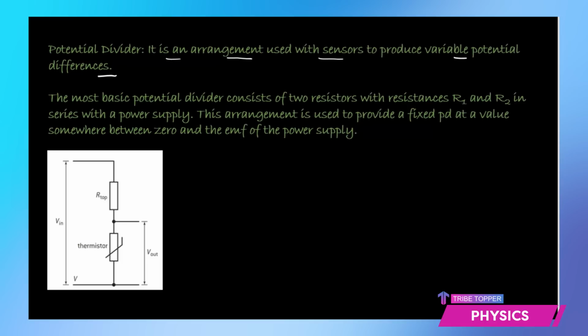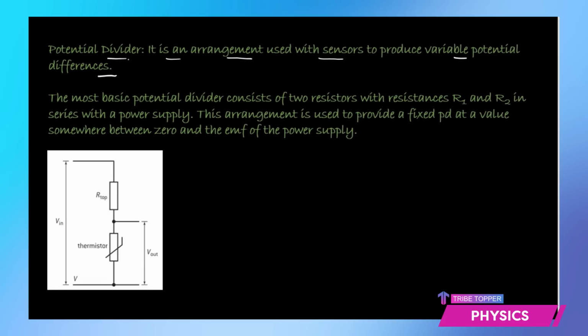So that means there is some sort of change in the potential difference that turns on the light automatically. Or it is also used as a sensor where it gets affected by temperature, like in the fire alarms. So circuits which are using the automatic sensors, they use this potential divider.